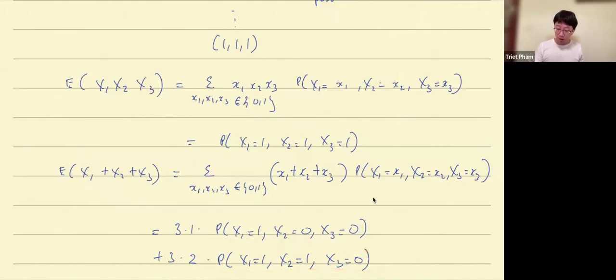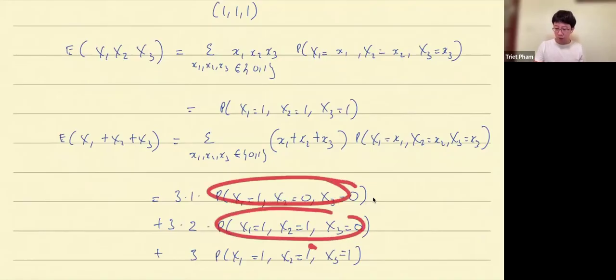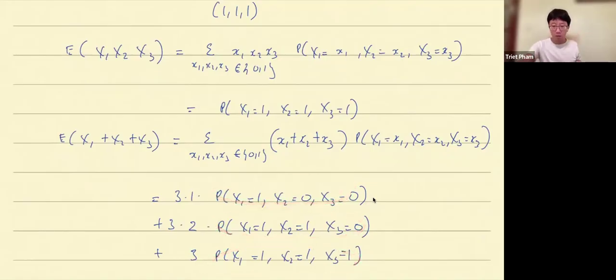And then finally, we got 3 times, whatever the numbers we wrote down before. That's what that is. Do we understand? Any question?